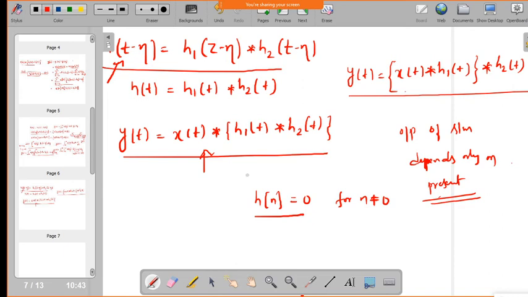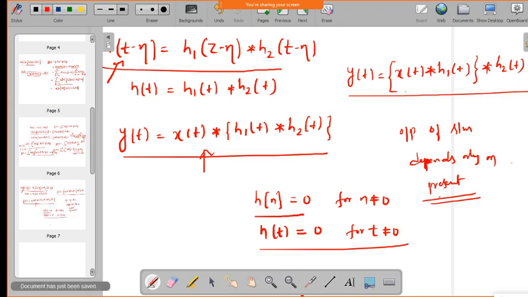So for the LTI system to be memoryless, h of n equals 0 for n not equal to 0, and similarly in continuous time h of t equals 0 for t not equal to 0. This is the memoryless system.